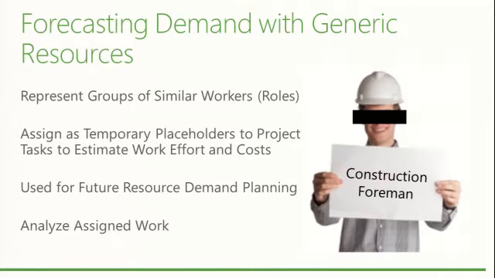I'm going to need a carpenter to frame in this room in this new office building. You don't know who yet. Maybe you don't care. Just for now, you use these generic resources as placeholders in your project schedules. And then later, you can replace them with real people once the time gets closer to when that work actually is going to be done.